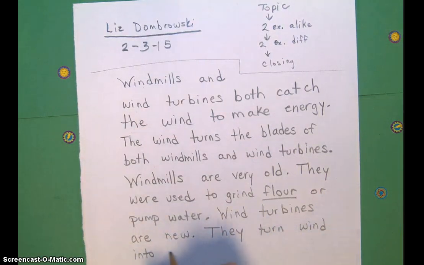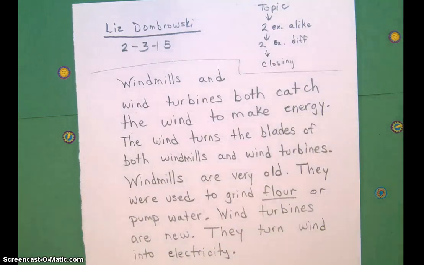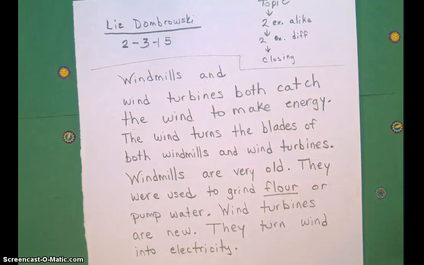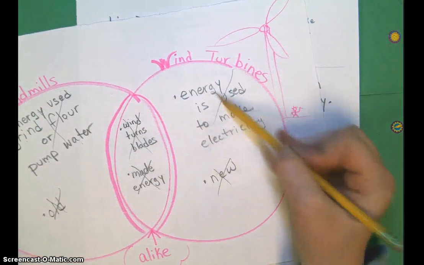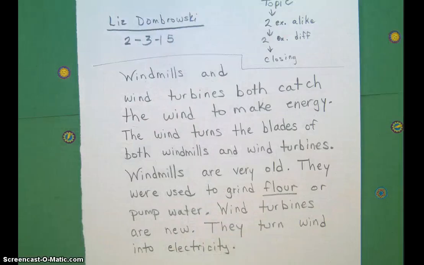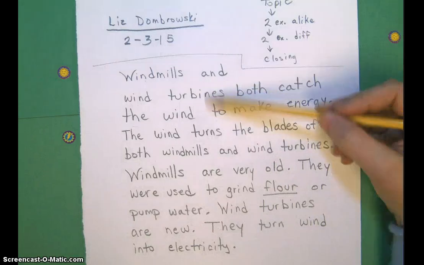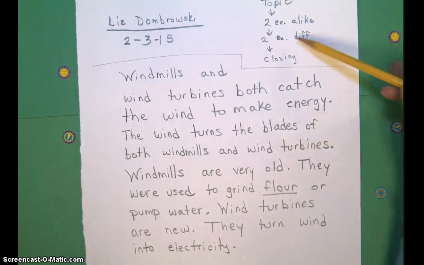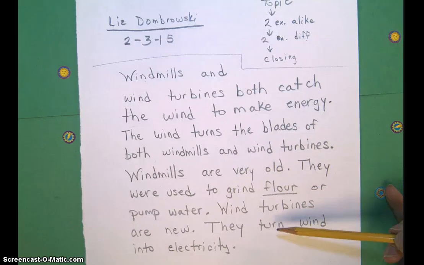Into electricity. Okay. So we got new and electricity. So we've got two ways they're alike. They both catch the wind, they both turn. Two ways they're different, old and new, make flour, make electricity.